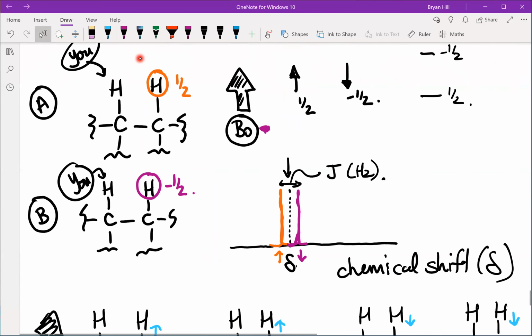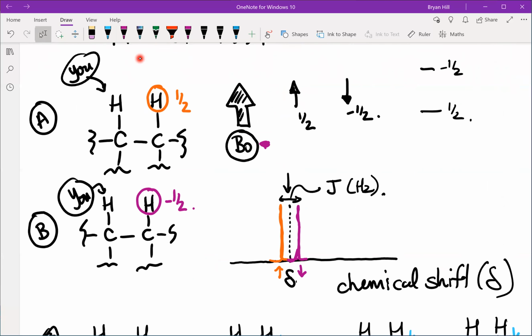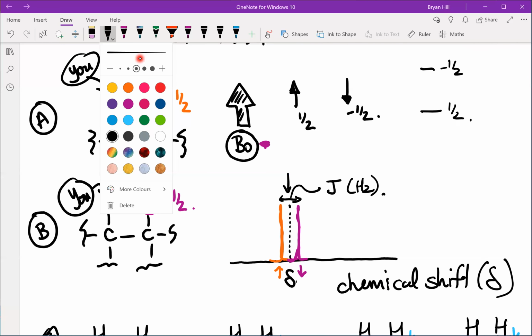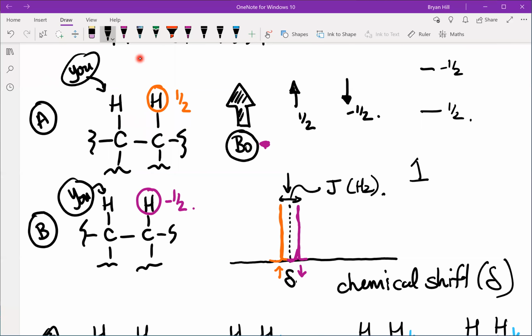In this first example, where we had one proton next door to you, so you had one neighbor, you were split into two signals. So if this equals n, then n plus 1.